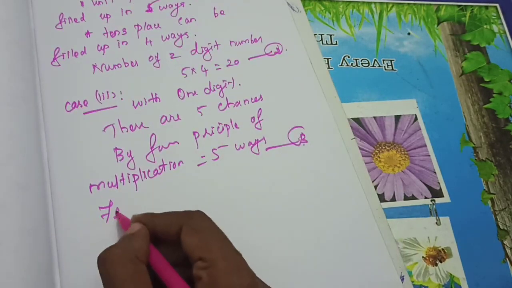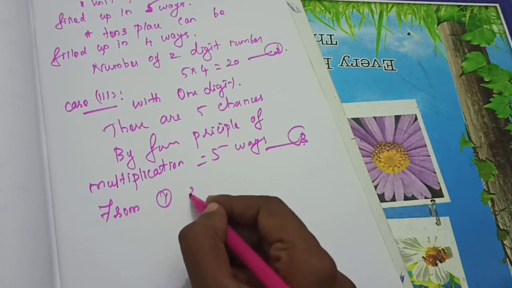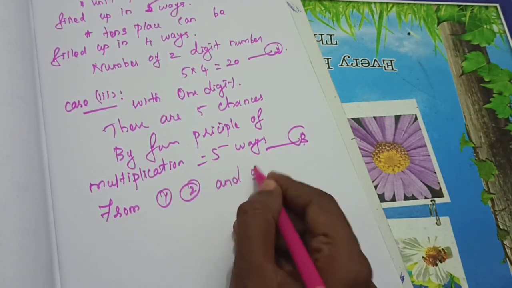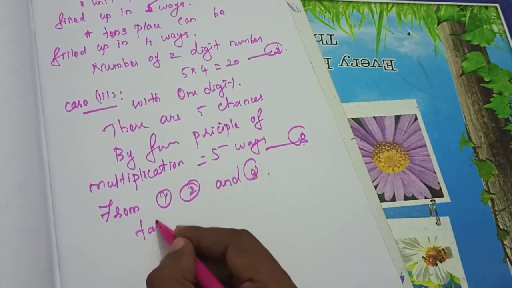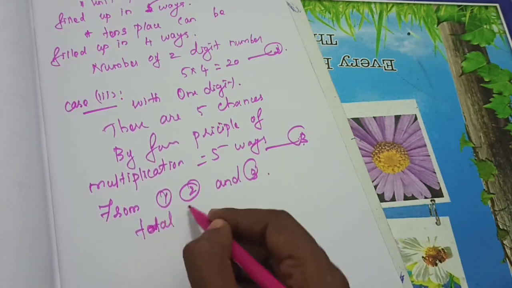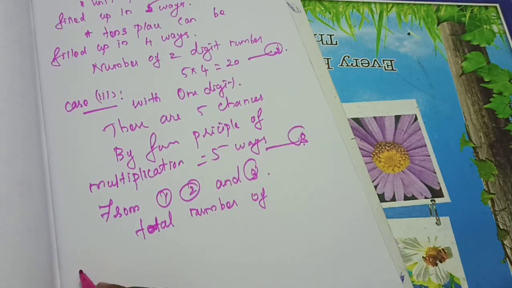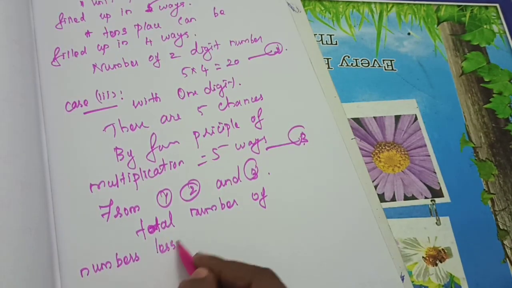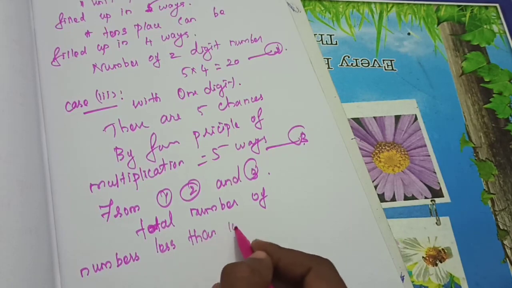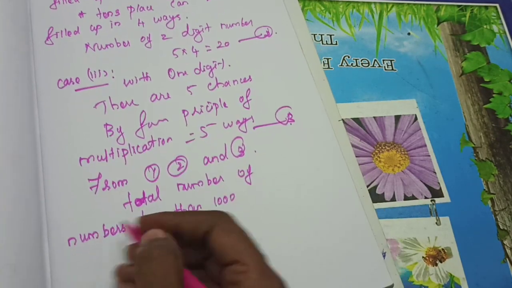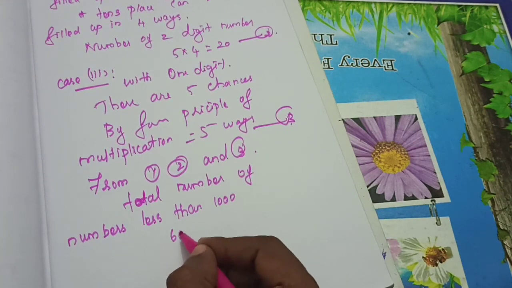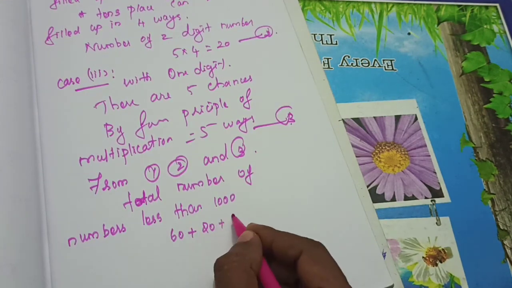So from 1, 2 and 3, the total number of numbers less than 1000. What are the numbers? 60 plus 20 plus 5.